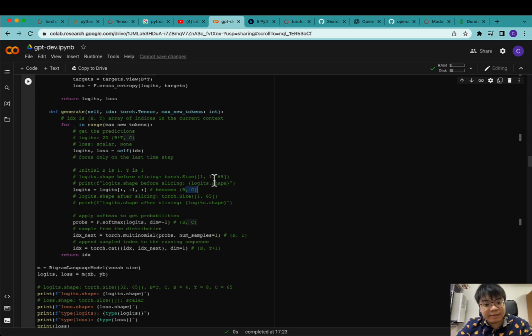So initially it was B, T, C, and after it becomes B, C. So T got sliced out. But why would Andre slice out T? And afterwards, he performed the softmax of logits to get the probabilities of the words.